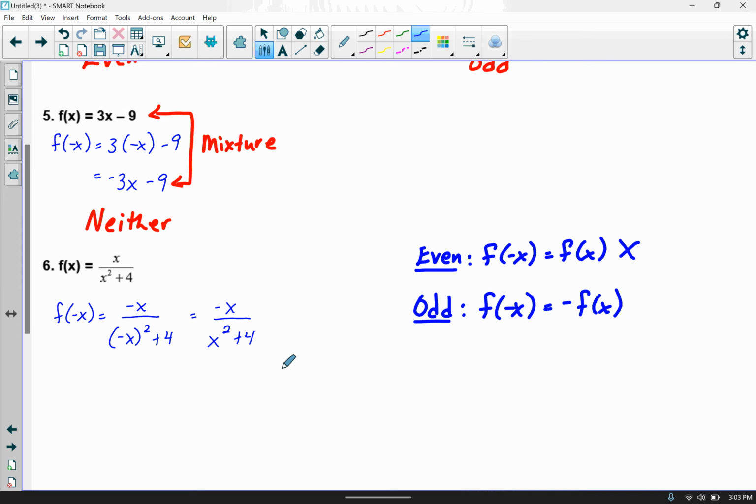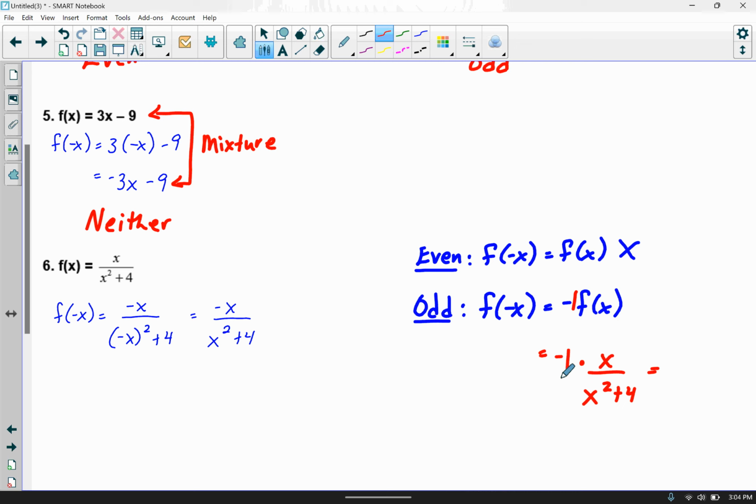So we found f of negative x. Think about whenever you have a numerator and denominator, whenever we multiply it by a coefficient, we only multiply the numerator. So remember, this negative f of x, this is like saying negative 1 times your function. So negative 1 times my original function was x over x squared plus 4.